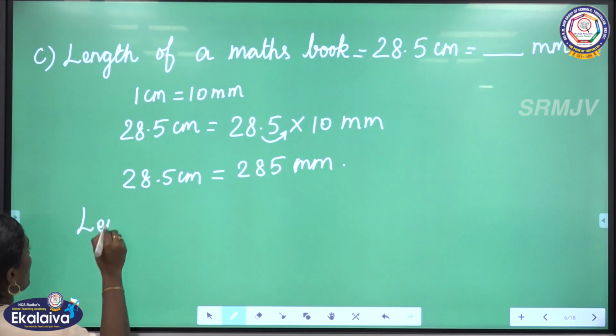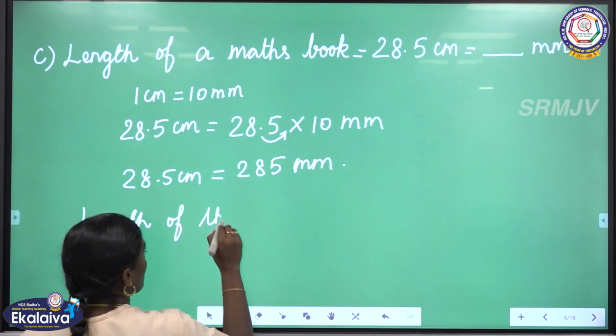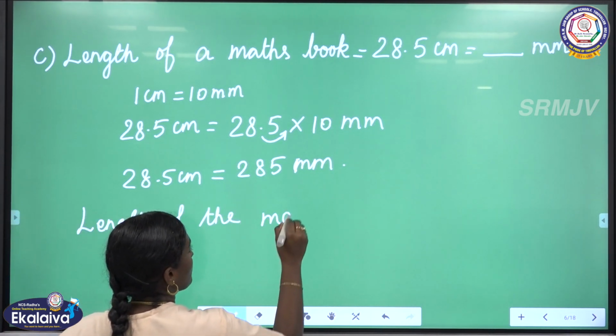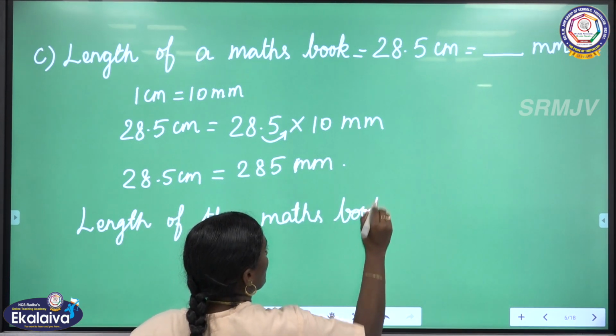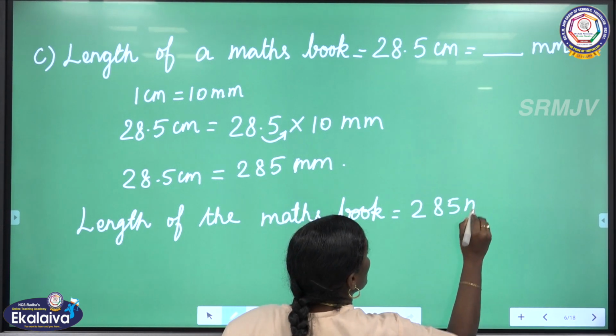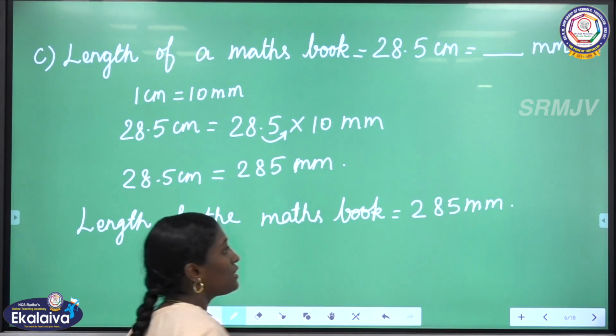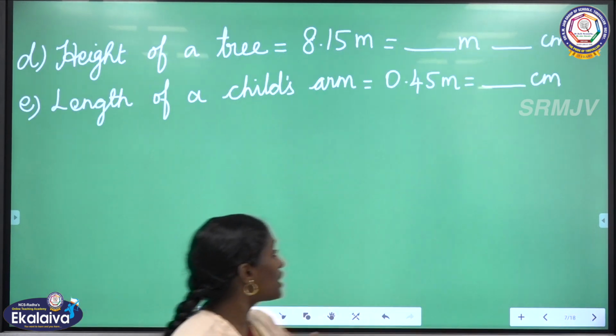So the length of the maths book is equal to 285 millimeter. Is it clear, children? We are converting the greater unit to smaller unit, so that is multiplication.